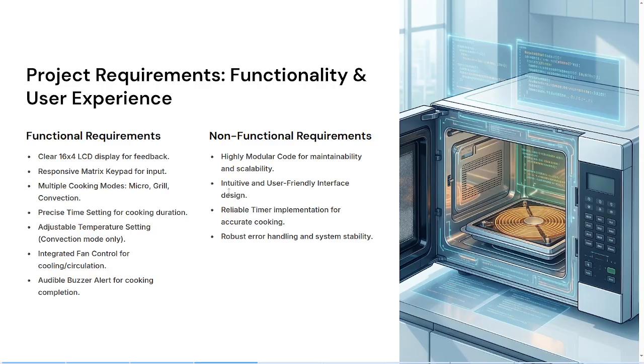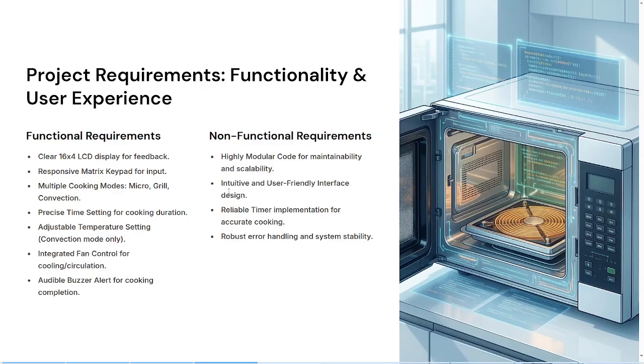And then we need timers. It's a finite state machine which we use to set a precise time for the cooking durations. Then we have an adjustable temperature setting also. It's only in the convection mode. We'll talk about that later. And then we have an integrated fan.